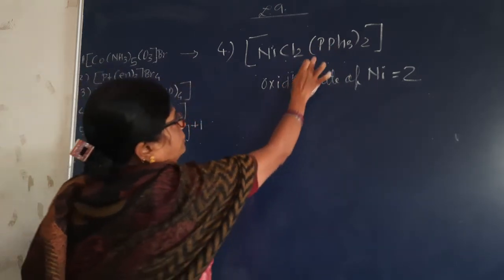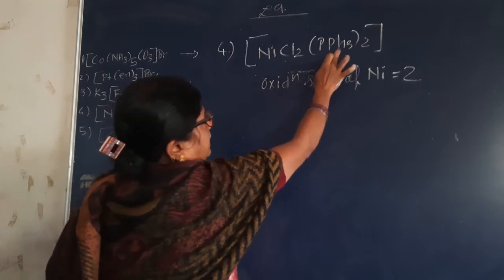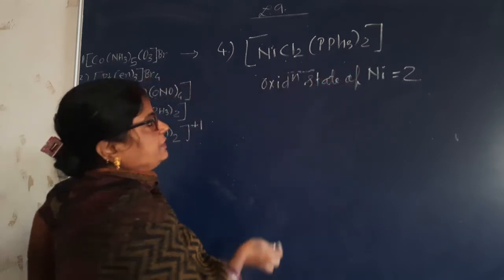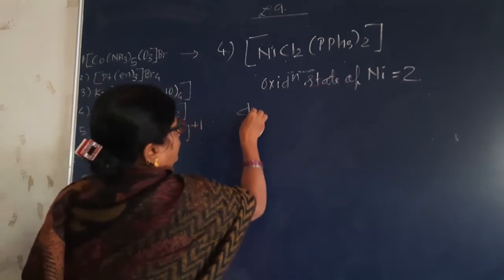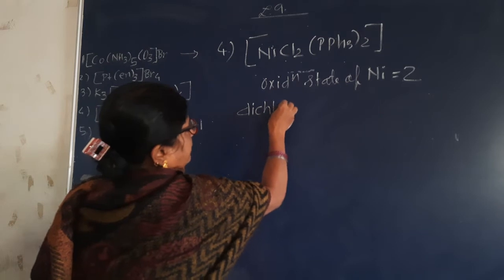So let us name it. Now we have to use bis here, because triphenylphosphine already has numerals. So we will write dichlorido first, because alphabetically C will come first.